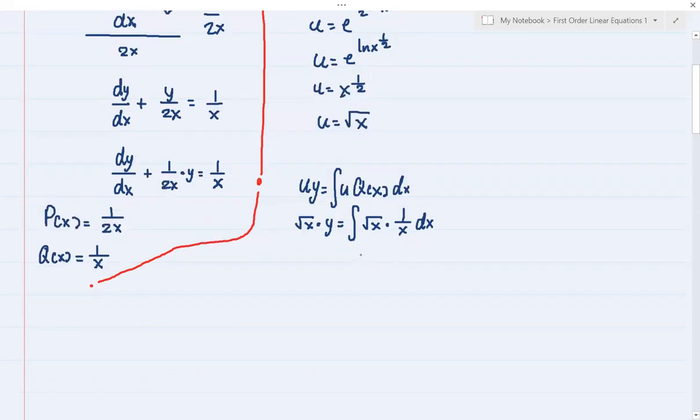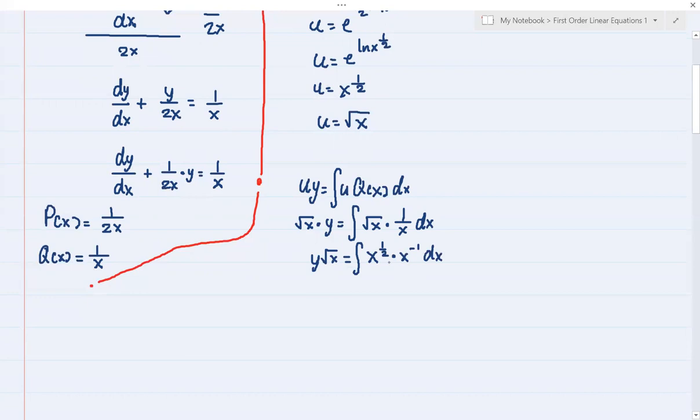Okay. Now, let's simplify. On the left side, I'm just going to make it y times square root of x. Then on the right side, I can rewrite the square root of x as x raised to 1 half, times 1 all over x, which is x raised to negative 1.